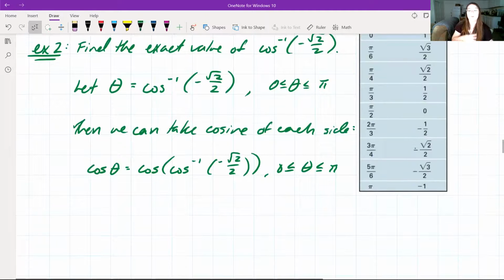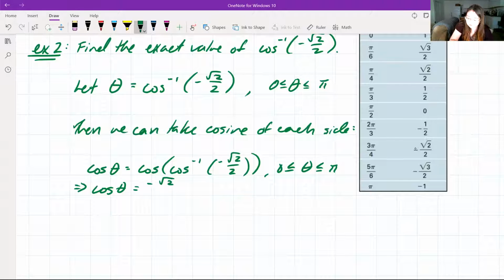So we have our function of our inverse function, which from our last problem as well, we know is just going to be equal to our input, which was negative square root 2 over 2. So this becomes cosine of theta is equal to negative square root 2 over 2 for theta between 0 and pi.